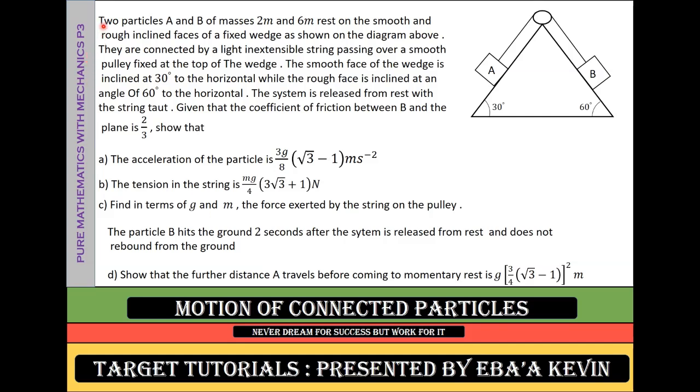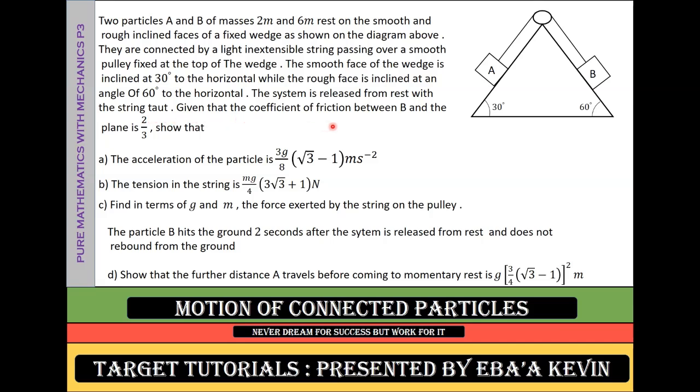The question reads: two particles A and B of masses 2m and 6m rest on the smooth and rough inclined faces of a fixed wedge as shown on the diagram above. They are connected by a light inextensible string passing over a smooth pulley fixed at the top of the wedge. The smooth face of the wedge is inclined at 30 degrees to the horizontal, while the rough face is inclined at an angle of 60 degrees to the horizontal. The system is released from rest with the string taut.